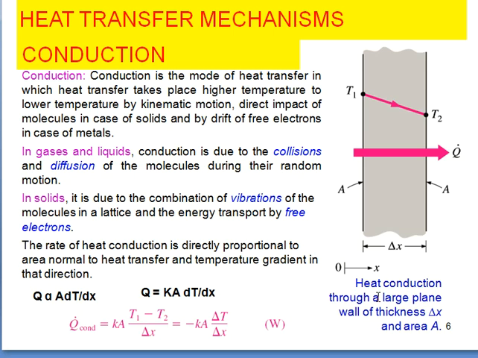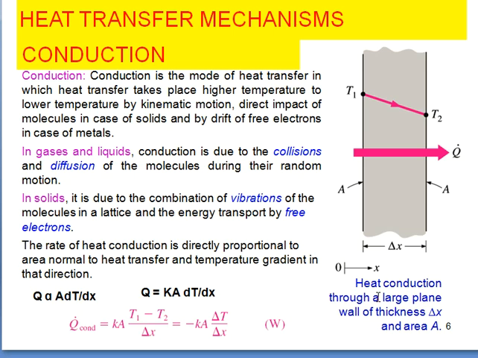One molecule is attached to the other molecules. In solids, the heat is transferred from one molecule to another molecule. In metals, a number of free electrons are present, and these free electrons actually move to carry the heat. The metal remains solid only, and the electrons move. At the atomic level, the heat transfer takes place by the free electrons.